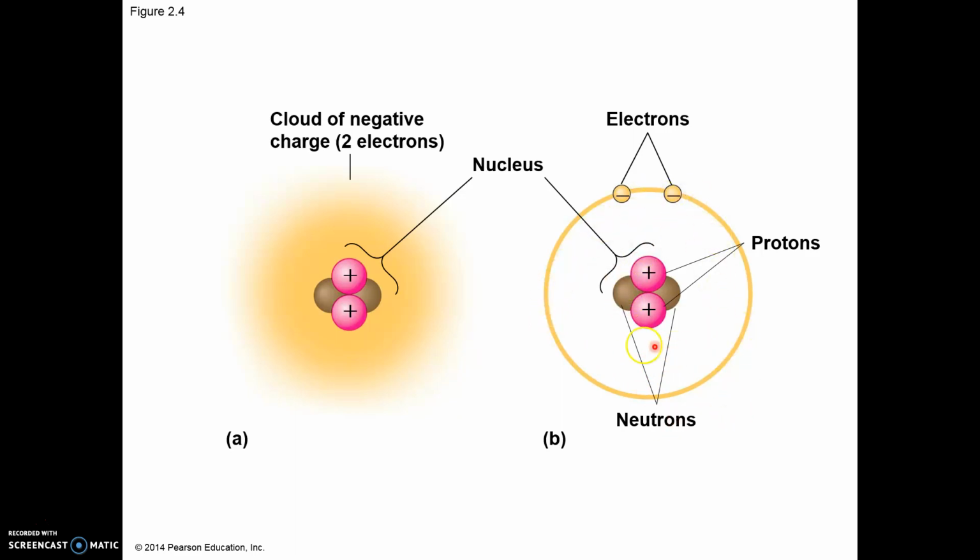So the electrons could be a similar distance away from the nucleus all around this three-dimensional surface. This is a very simplistic way of representing it. Another way of representing it is that these electrons exist in a cloud that surrounds the nucleus. Both of these are models that help us understand the way atoms behave, but it isn't necessarily completely how they look.